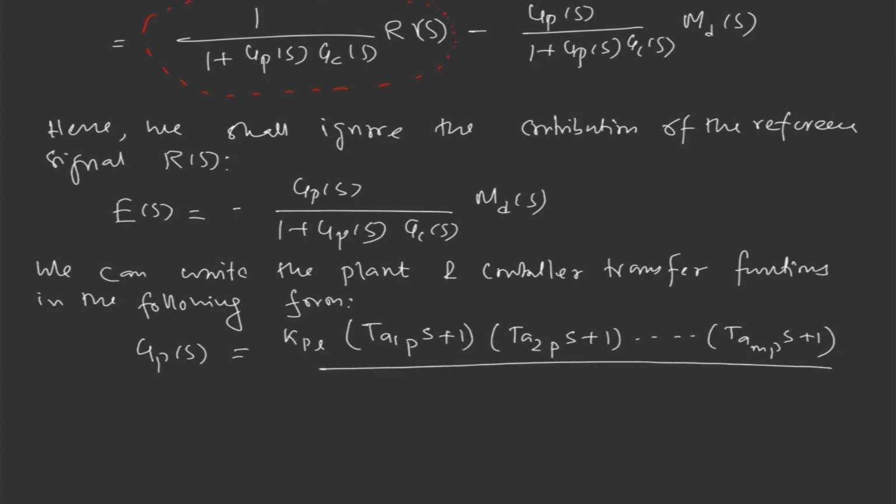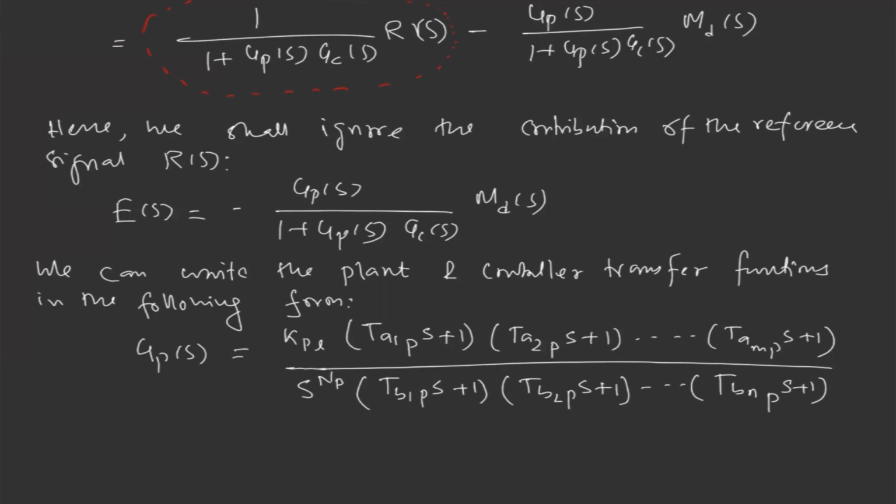And let's assume the open loop poles of this plant: s to the Np, this is the number of open loop poles for this particular plant transfer function, and (Tb1p s plus 1)(Tb2p s plus 1) dot dot (Tbnp s plus 1).